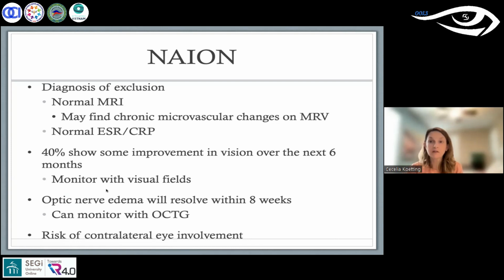Monitor that with visual fields and checking vision in office. The optic nerve edema usually goes away within about 6 to 8 weeks, but you do want to keep watching, right? Long term, we need to watch these patients for risk of, one, contralateral eye involvement if it's related to things like sildenafil use or erectile dysfunction medications.